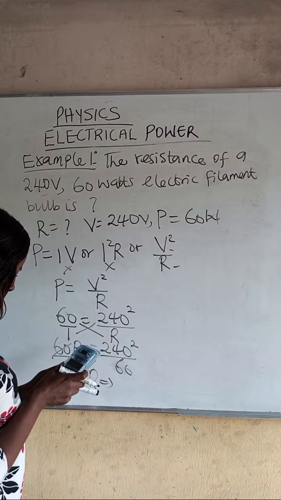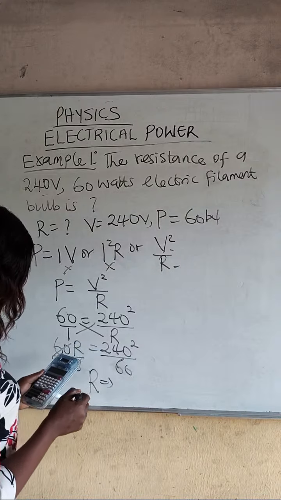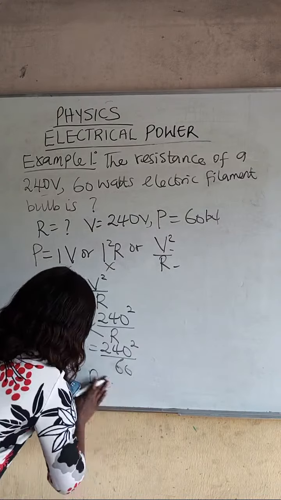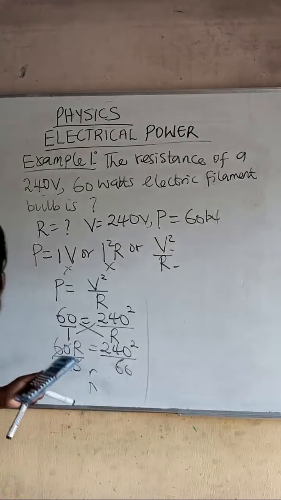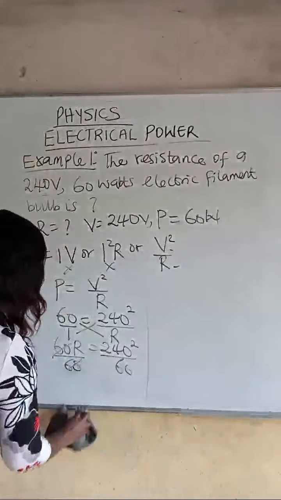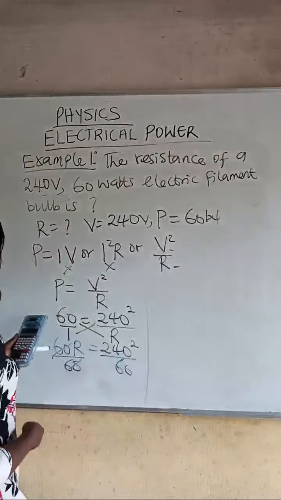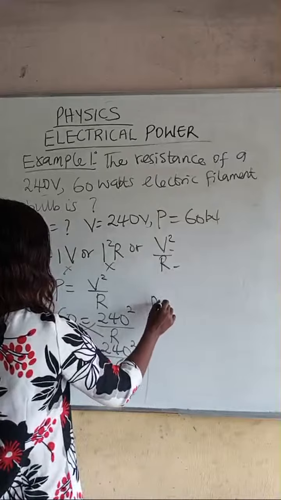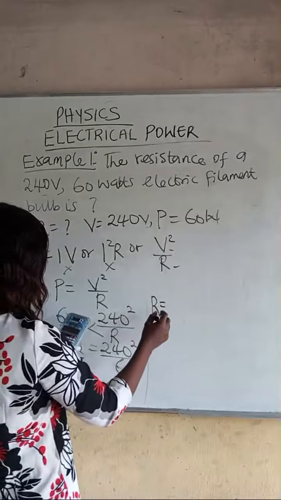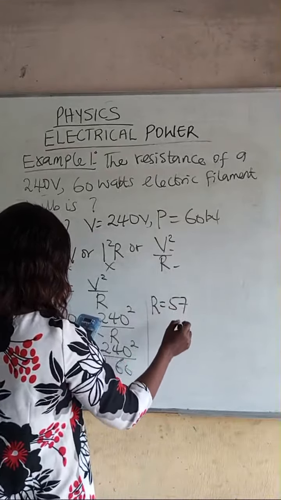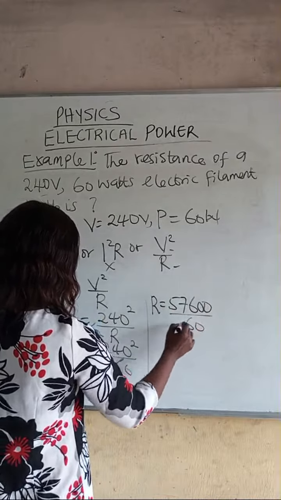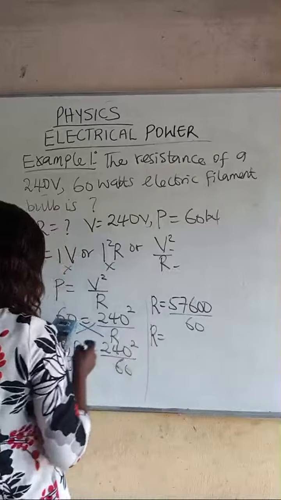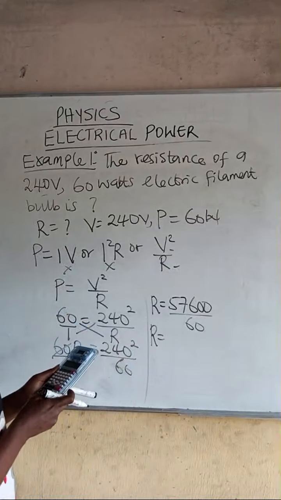Let me solve it here because of space. R is equal to 240 squared, which is 57,600, divided by 60.